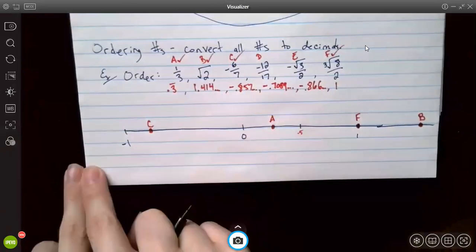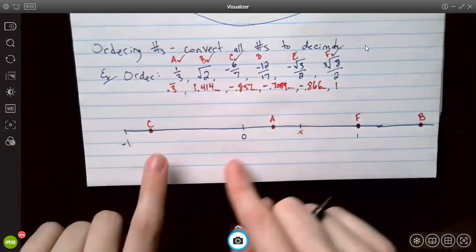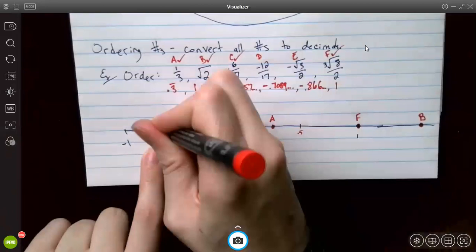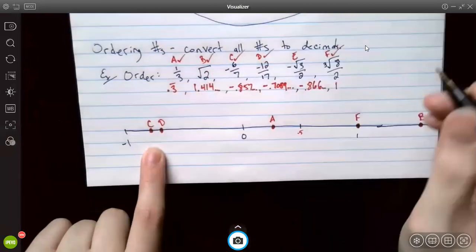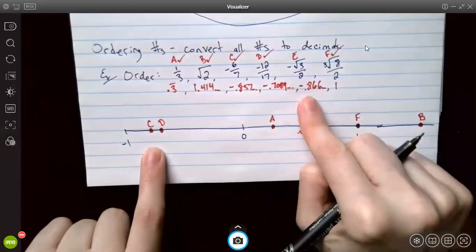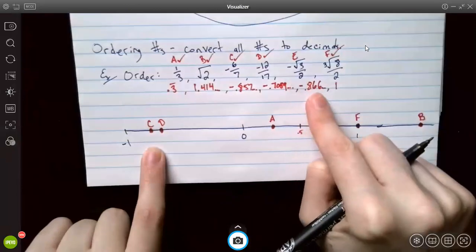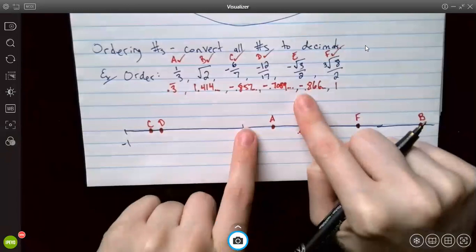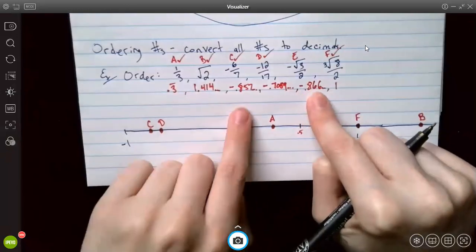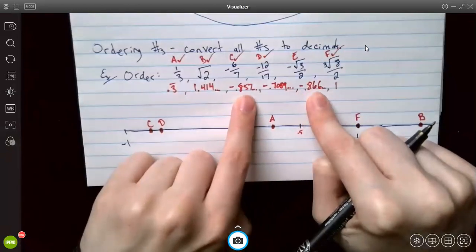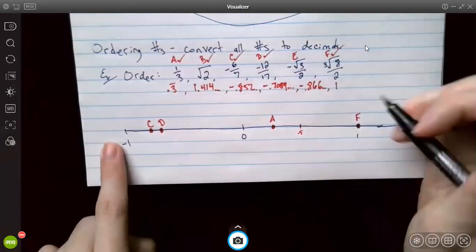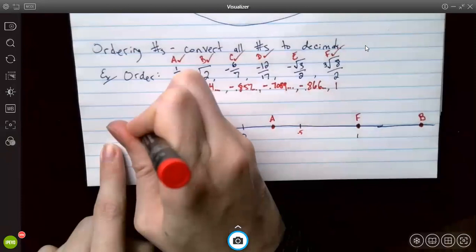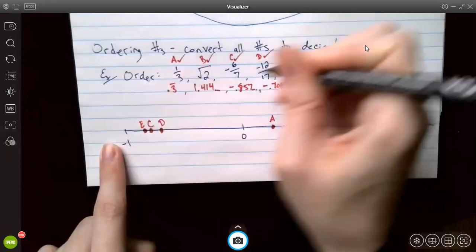So the further down the negative line it goes. So -0.7 might be there. And then E is -0.86. So 0.86 is a bigger number than 0.85, and so it's going to be further down the negative line. So E might be in there somewhere.